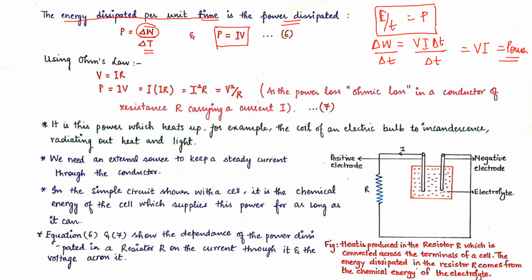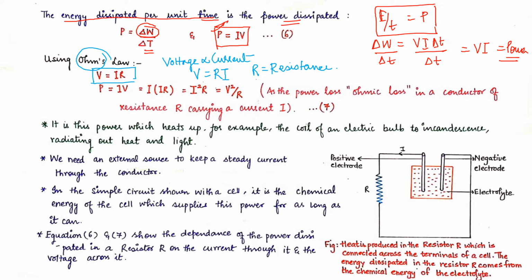Now we will use Ohm's law. This is the formula of the power, which should be remembered very well. This is very important. Using Ohm's law, V equals IR. We have seen voltage is proportional to current in the circuit. We removed the proportionality sign, so it gives us IR, where R is the proportionality constant, or the resistance.